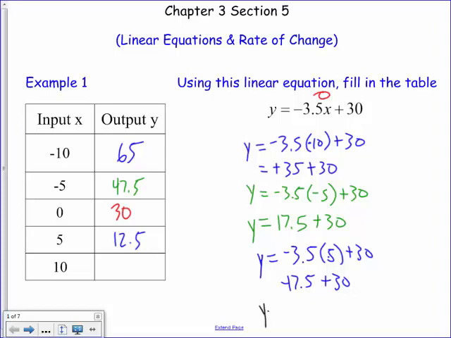And lastly, plug in 10. So negative 3.5 times 10 plus 30 gives us negative 35 plus 30, which is negative 5. My fault. There we go. So we use that equation to fill that out.